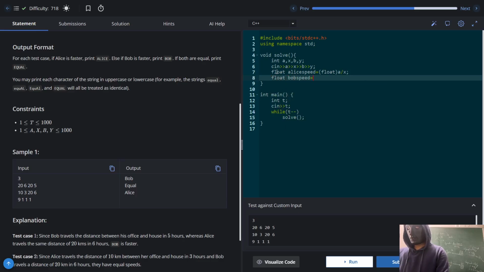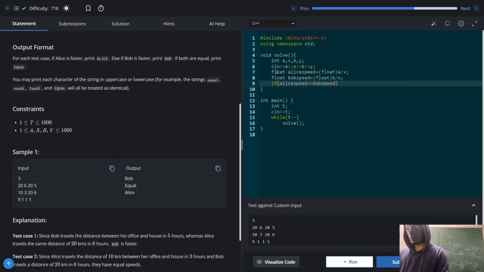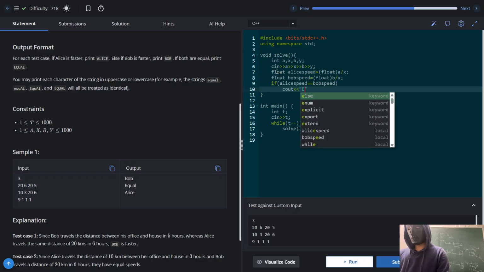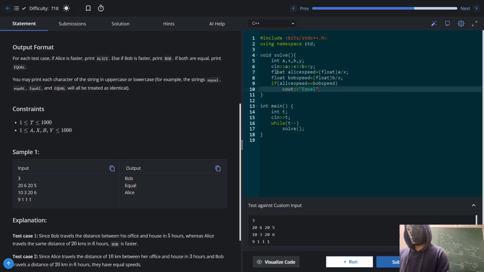Now Bob's speed will be b by x. We'll have to compare. If Alice's speed is equal to Bob's speed, then both of them have equal speed. In that case, we'll have to output equal.